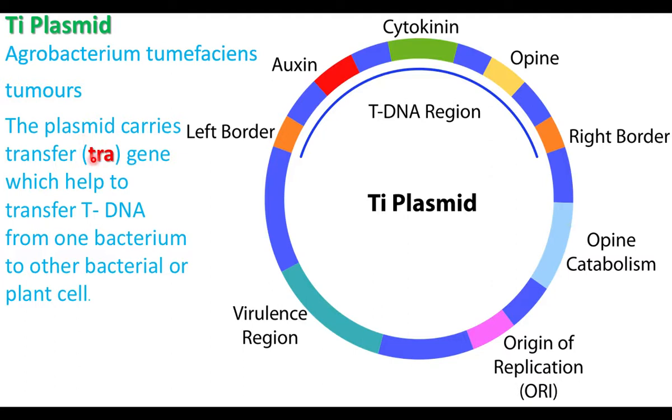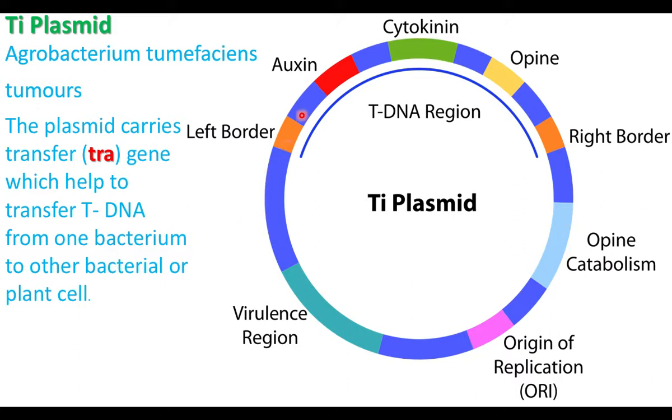The plasmid carries the tra gene, that is, the transfer gene. The transfer gene helps to transfer the rDNA from one bacterium to another bacterium or plant cell. The tra gene present in the plasmid is helpful in the transfer of recombinant DNA from bacterial cell to plant cells.